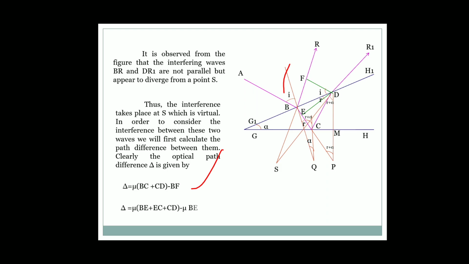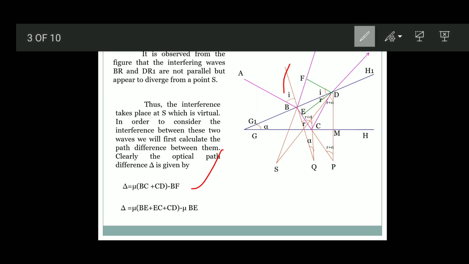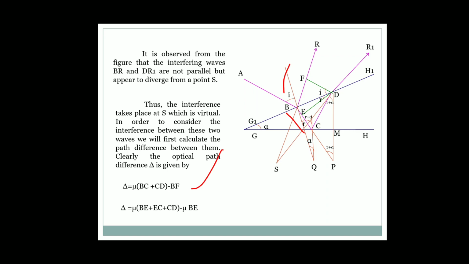But we know BC can be written as BE plus EC inside the diagram, and BF can be written as mu BE by taking the triangle BFD. Sin i is equal to opposite by hypotenuse, that is BF by BD. That is BF is equal to BD sin i.